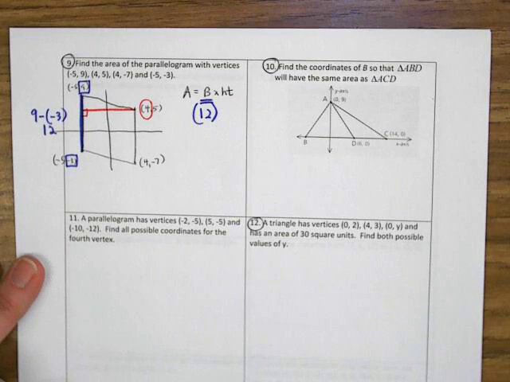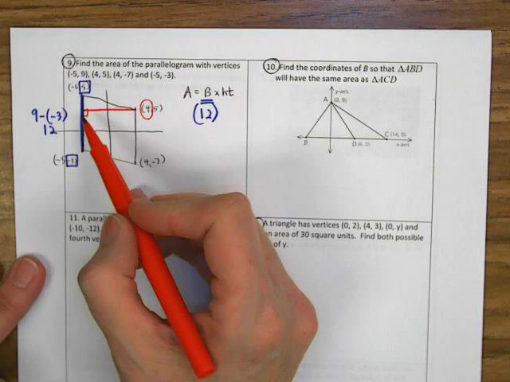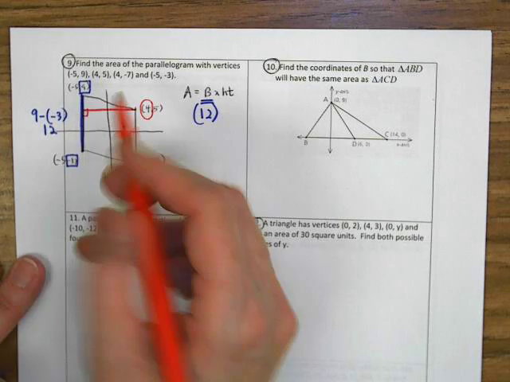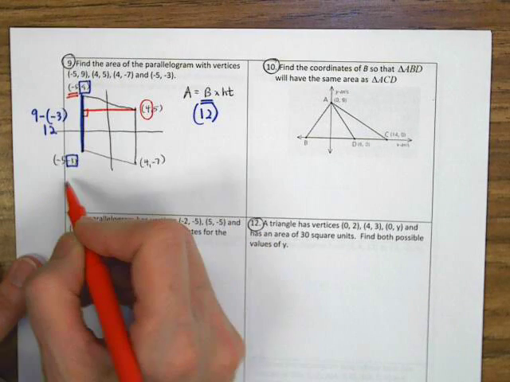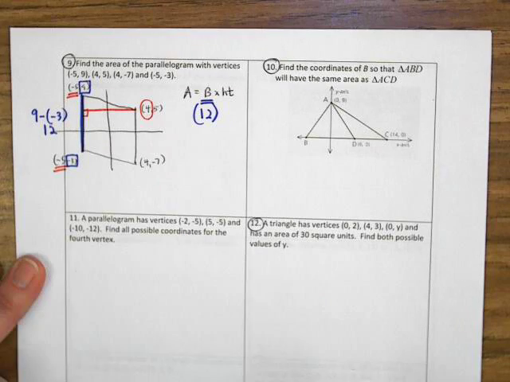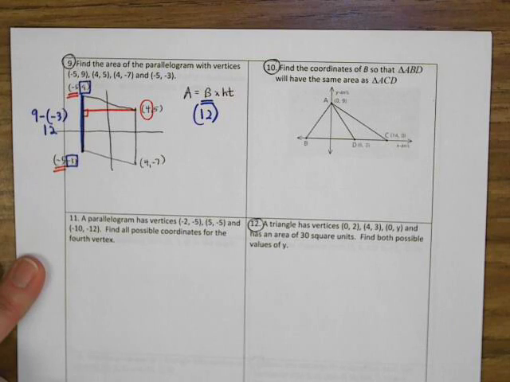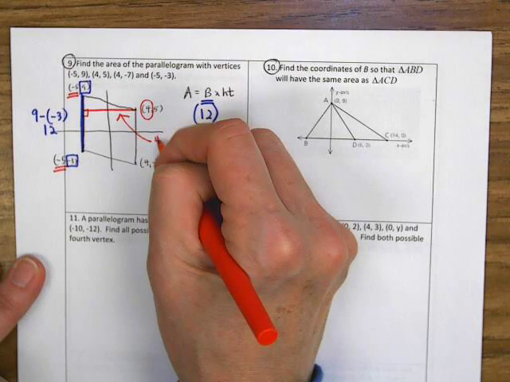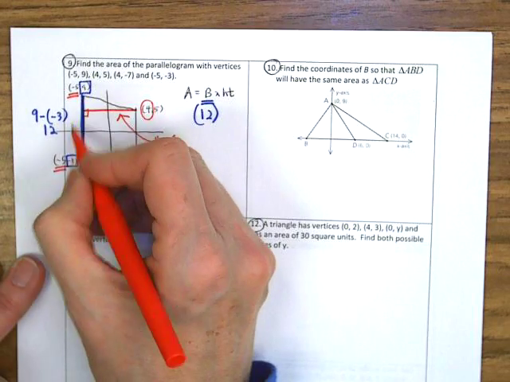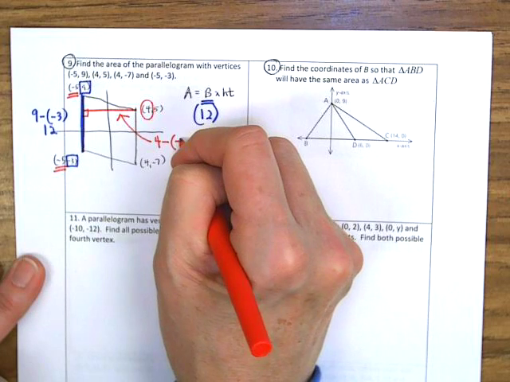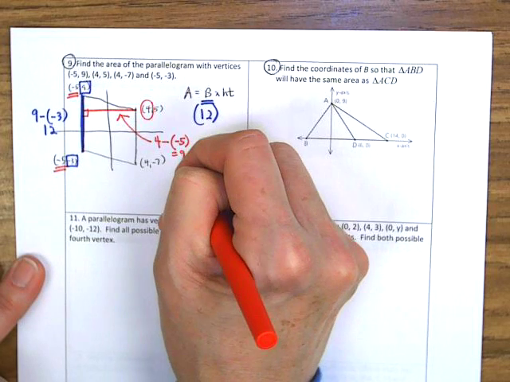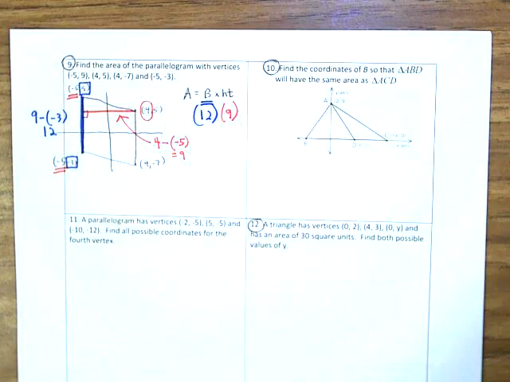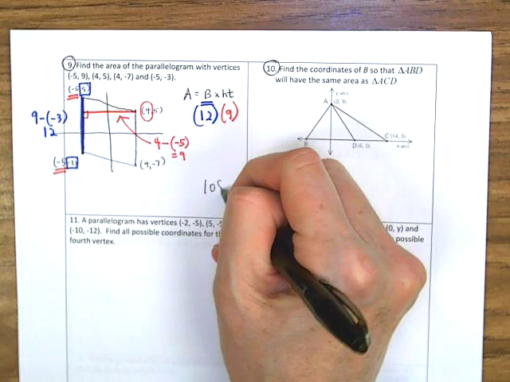So I have a 4, but just like in the last problem, I don't know this point, but it doesn't matter because I do know that wherever that point is, the x coordinate has to be -5 because it's on that vertical line. So to get this horizontal segment, I would do right minus left, and the left x coordinate has to be -5, so that comes out to be 9. So my answer is 9 times 12, which comes out to be 108.